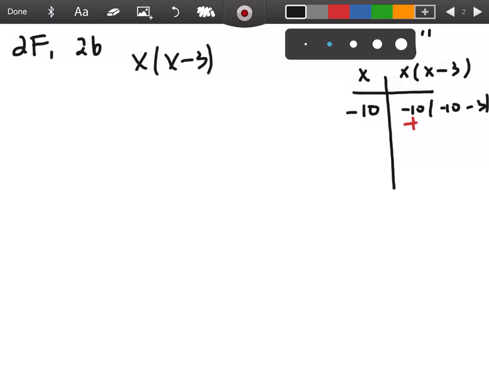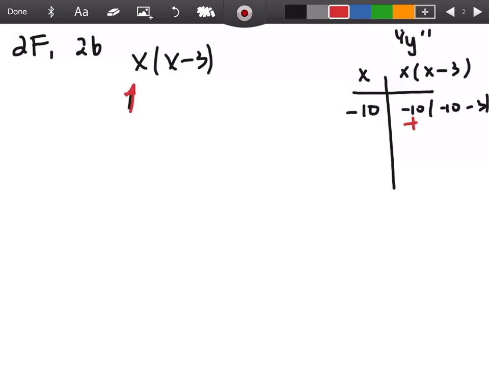We want to figure out the roots, because those are the tipping points. Looking at this function, when x is 0, that's one of your roots. When x is 0, the whole function automatically becomes 0.